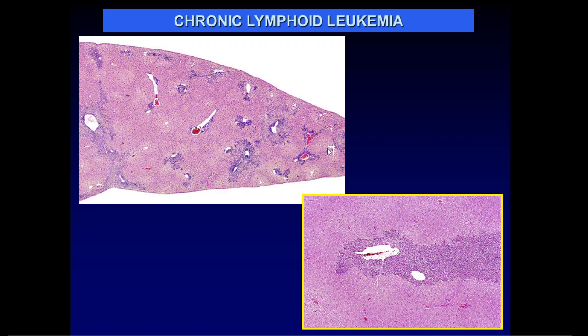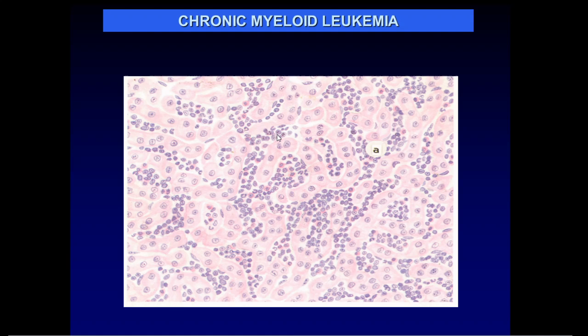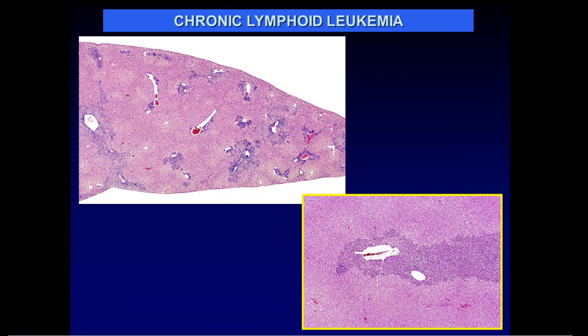Compare with lymphoid leukemia, when we have tumor infiltrates that surround the portal tracts. So surround the big vessel in the center of the lobe. So portal tract. Here you see between hepatocytes, and here, oppositely, they surround only the portal tract.